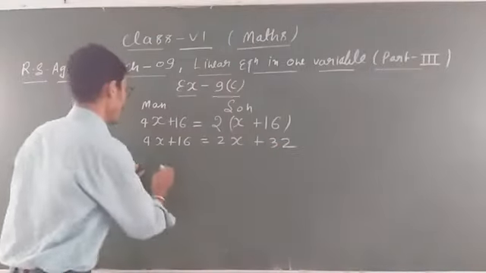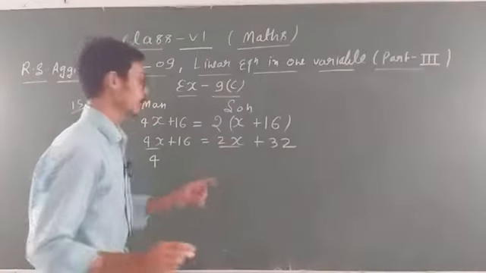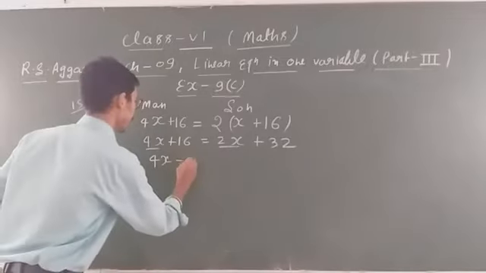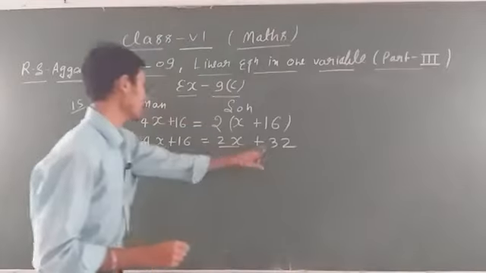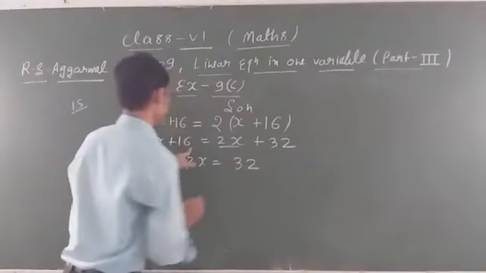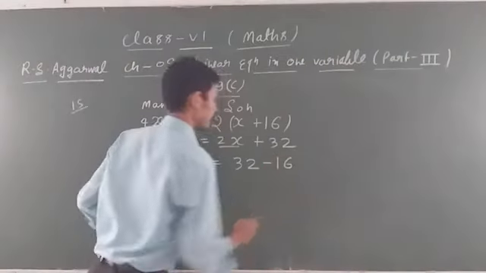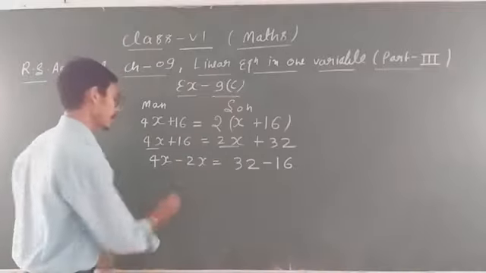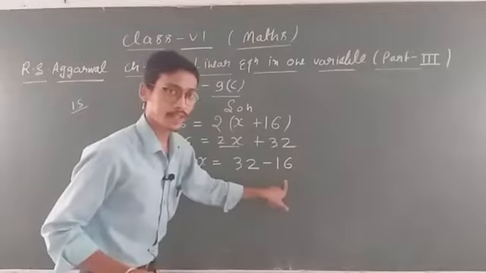Now 4x and 2x belong to the same family, so 2x comes to this side as minus 2x. 32 and 16 belong to the same family, so 16 goes to that side as minus 16. Now 4x minus 2x, 2x equal to 32 minus 16.